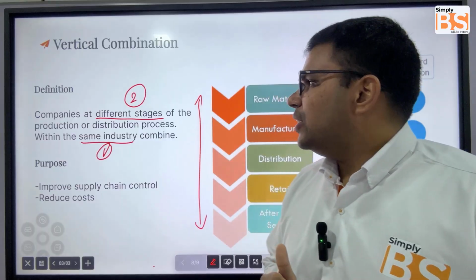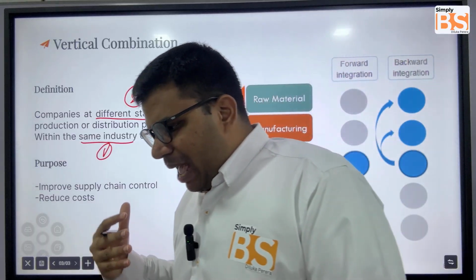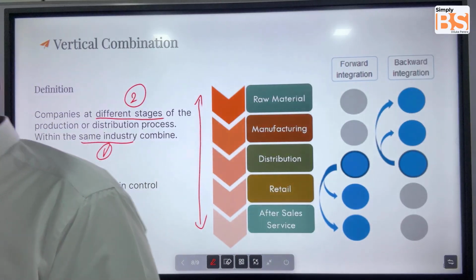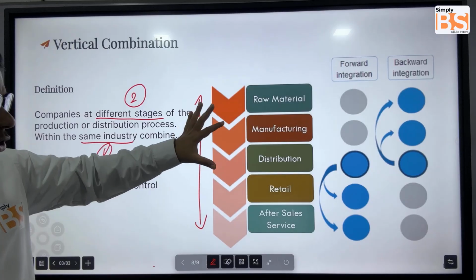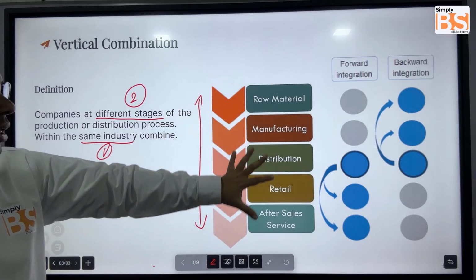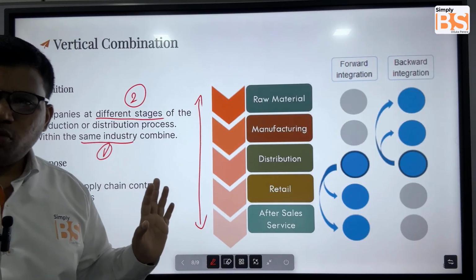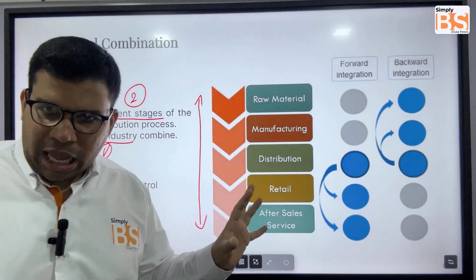That's the second condition. To elaborate further, let's reconcile the production and distribution process through a small example.